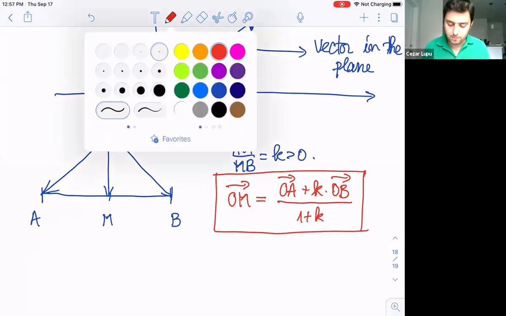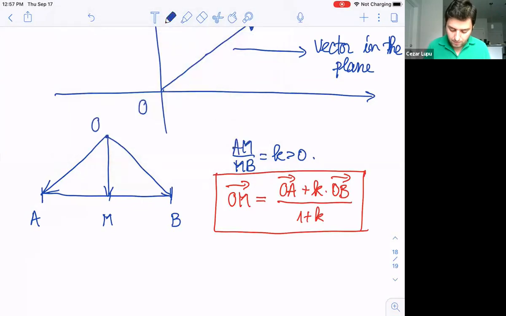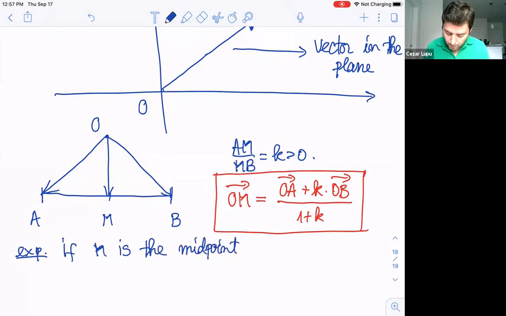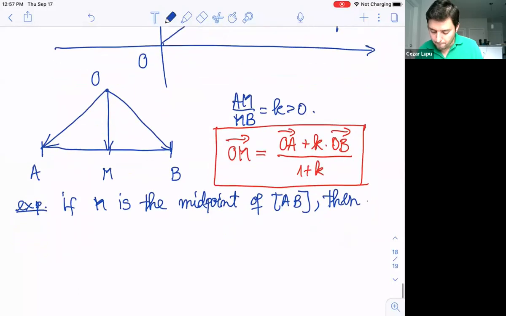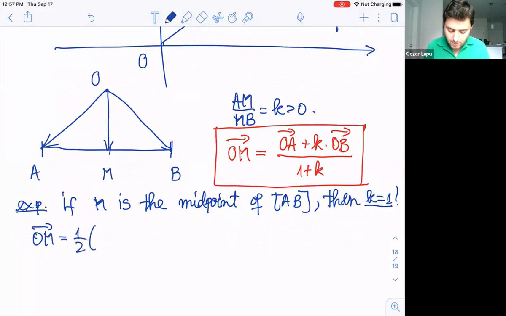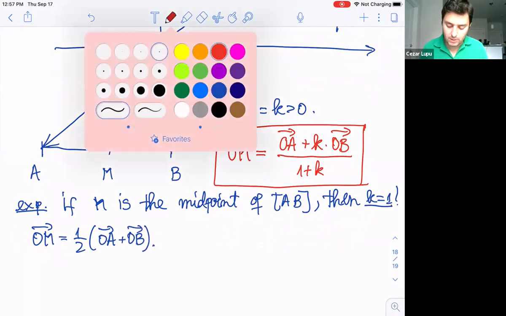For example, if M is the midpoint of AB, well, guess what? Then K will be 1. So this implies that OM vector is nothing else than just 1/2 times OA vector plus OB vector, right? So this is the relation you need to know, this guy here.